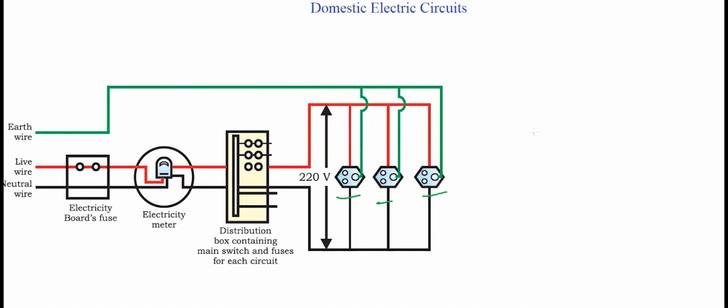Otherwise, there is a chance of overloading when too many appliances are connected to a single socket. So this is about the domestic electric circuit.